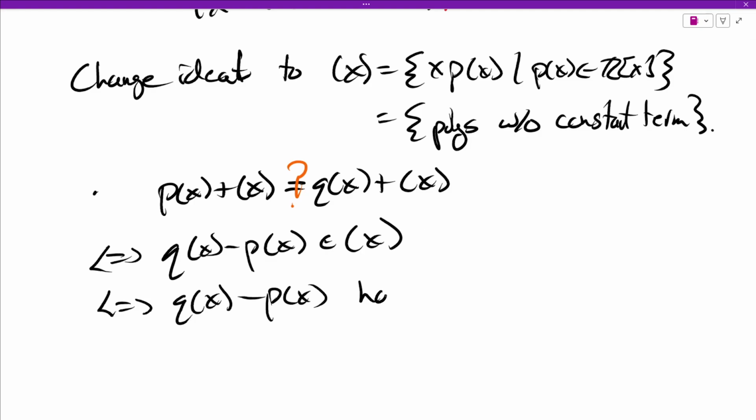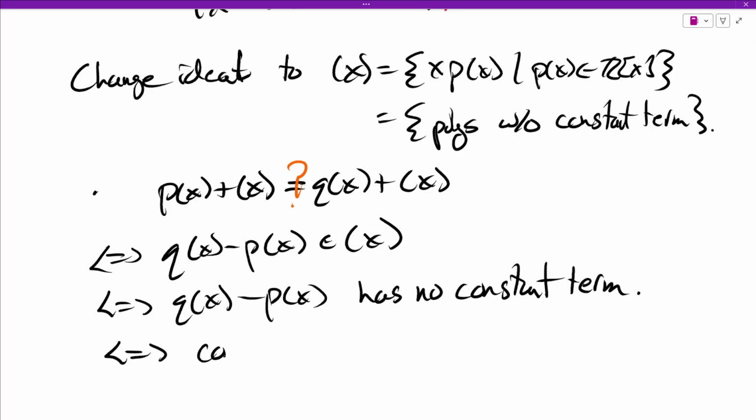So the difference has no constant term. And that's the only condition. But what does it mean when we subtract two polynomials and there's no constant term?